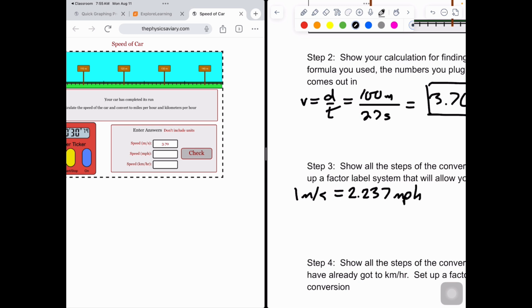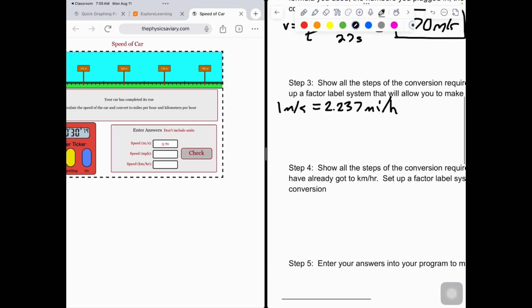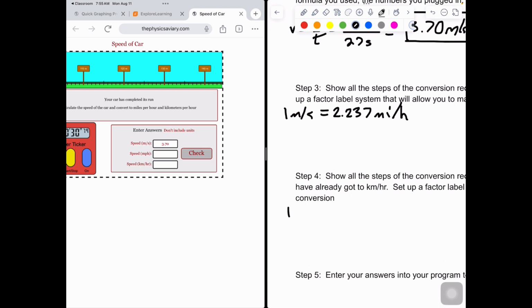Now you can write miles per hour as mph, or sometimes you'll see me write it mi/h, miles per hour. Okay, so just note that we'll kind of go back and forth with that. Now for step 4, when we get there, 1 meter per second is going to be 3.6 kilometers per hour.